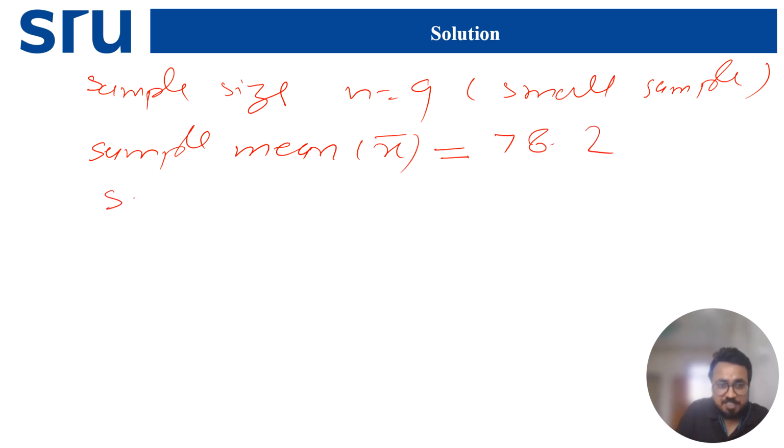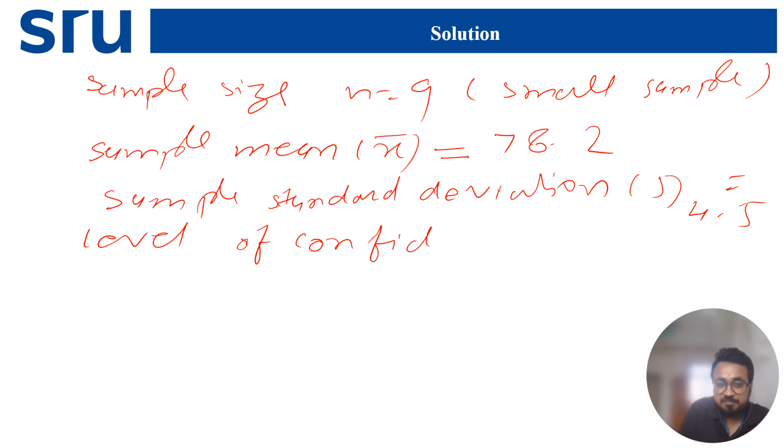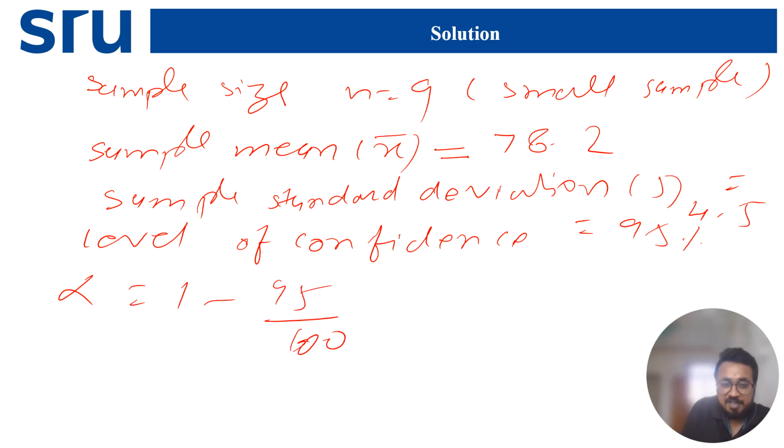And also sample standard deviation is equal to 4.5. And the level of confidence is 95%. So what is the value of alpha? 1 minus 95 by 100, again it is equal to 0.05, right?